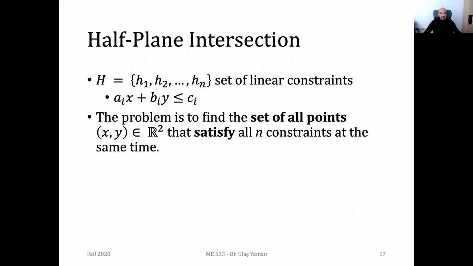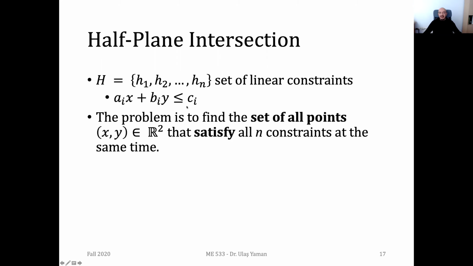So now let's have some formal definitions. We said that on the plane, there are some half planes, right? On the z equals 1 plane, we have half planes, and this is our set of half planes starting from 1 to n, which means that we have n number of half planes. And these are represented with this inequality, as you know.